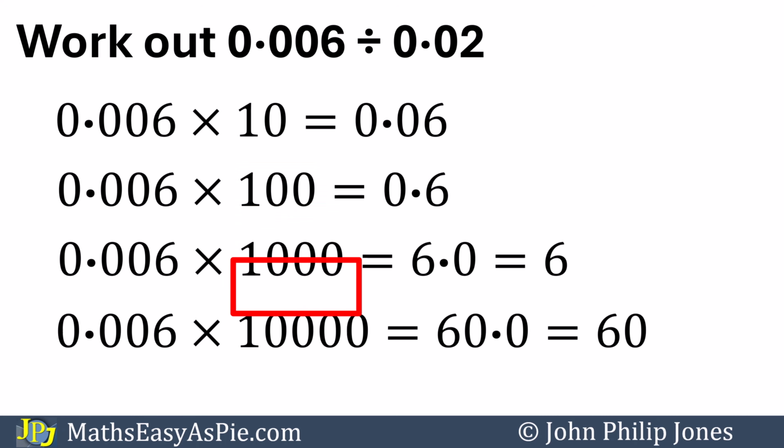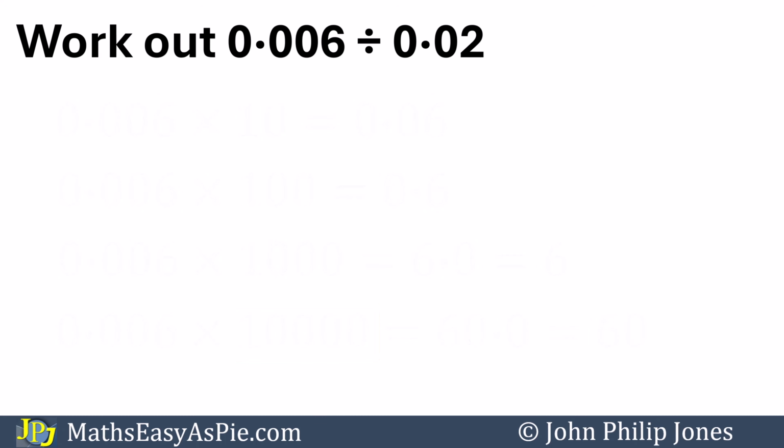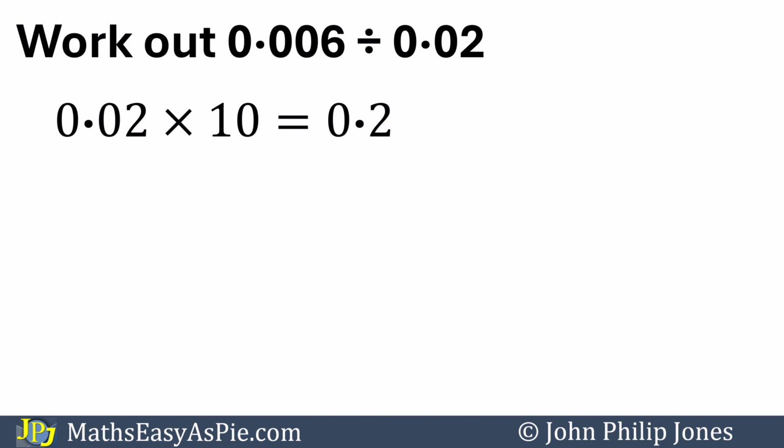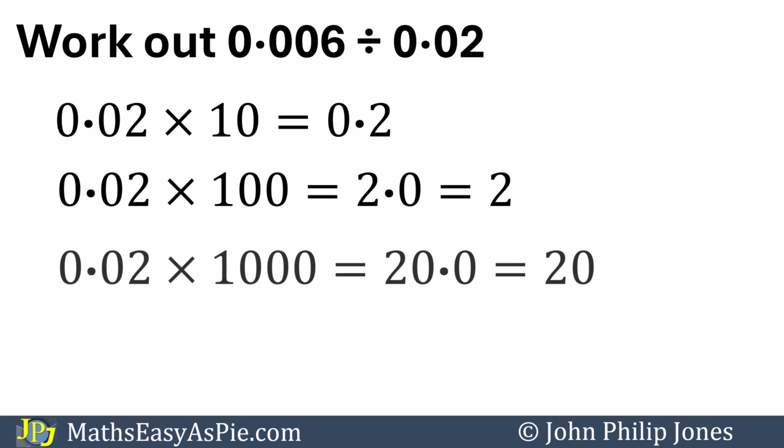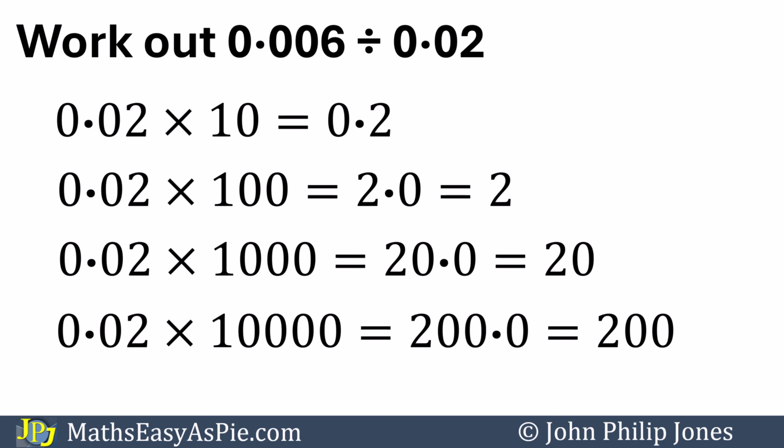If I look at this one, there are 4 zeros in 10,000, so this tells you you're moving the decimal point 4 times. I'll move on to the next slide, and I'll put some examples up where you're using a different number, and you can observe it yourself and see how many places the decimal point is moved in each of the cases that are coming into view.